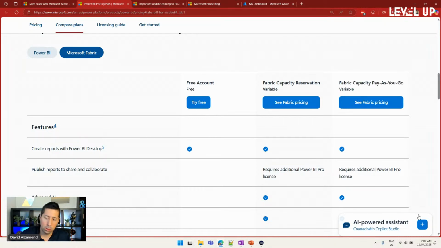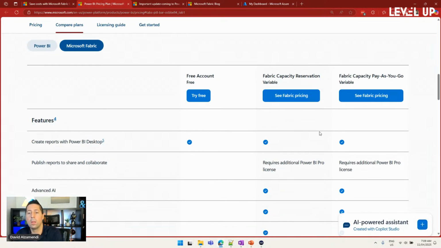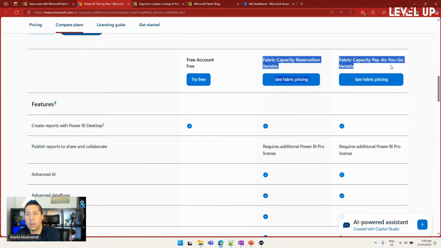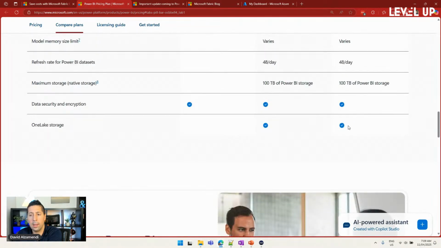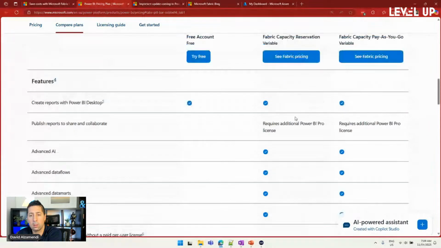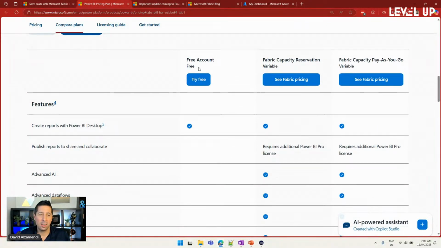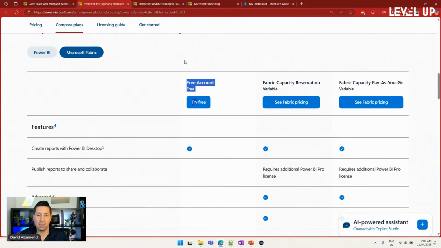You can see that between the reservation and the pay-as-you-go model, we have essentially the same offering. The free account is like a Power BI free account. I wouldn't even take that into account for an enterprise environment.